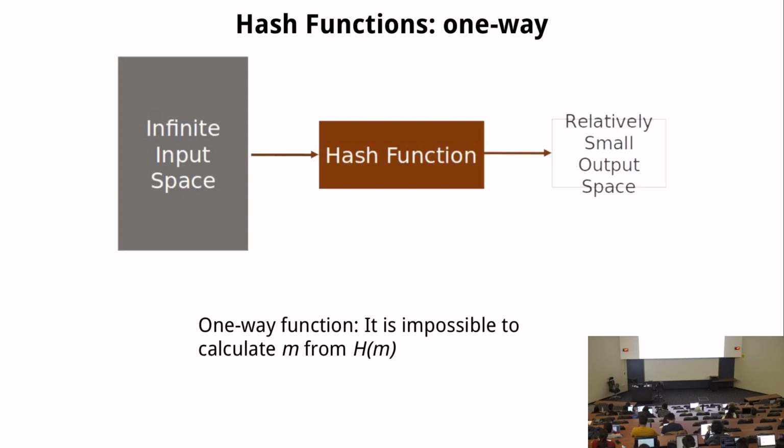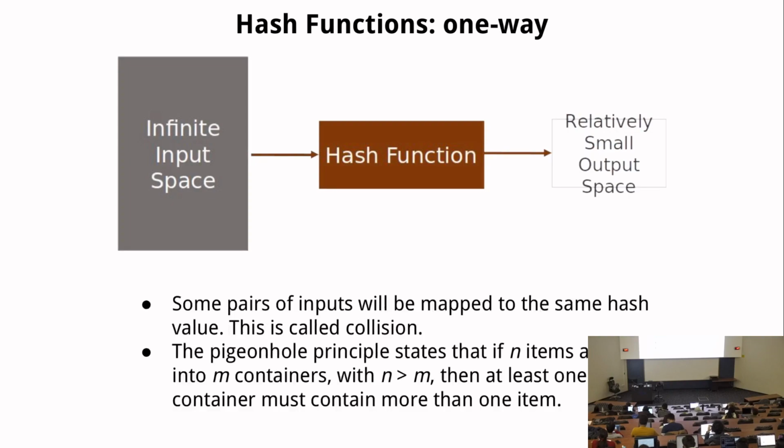In a hash function itself, we do not really have a key. Because the hash function's goal is to map data in a very huge, infinite space to a much smaller space, inevitably we're going to map many data points here to the same point here.